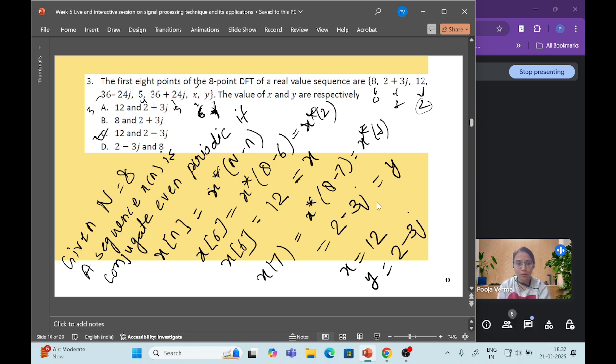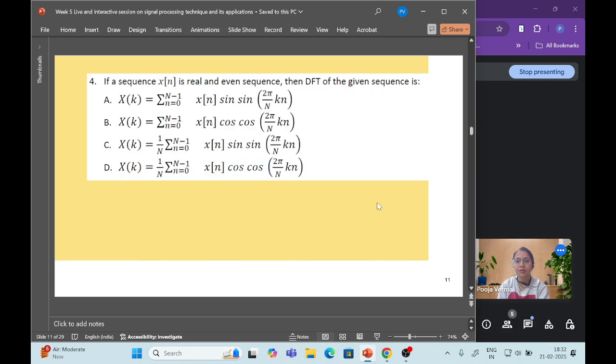Okay, so moving to the next question. Now the next question is, if a sequence x of n is real and even sequence, then the DFT of the given sequence is. Which option will be correct? Option A, option B, option C, or option D? So here it is given x of n is real and even sequence.